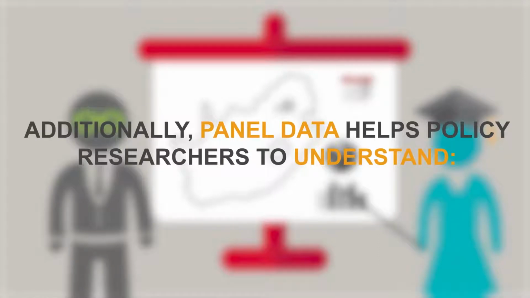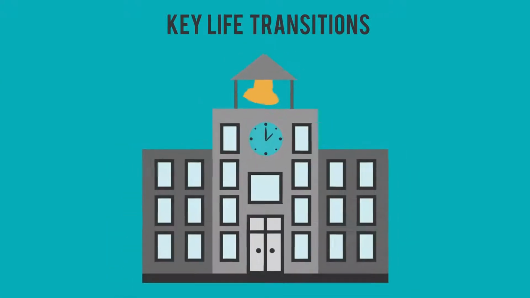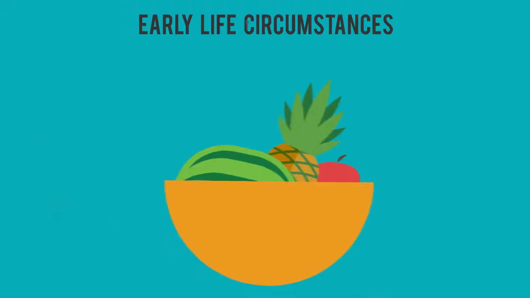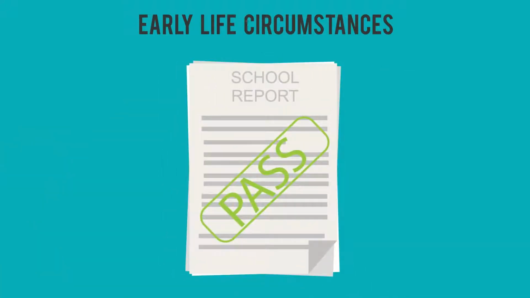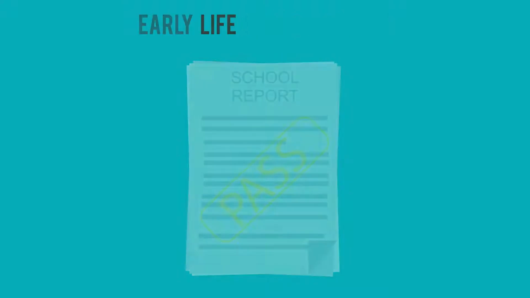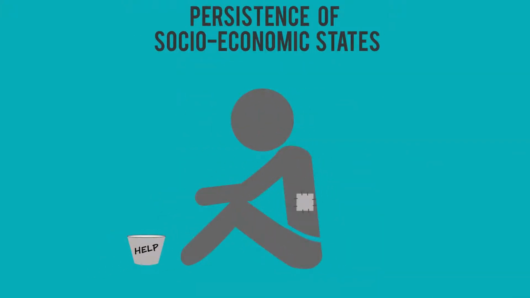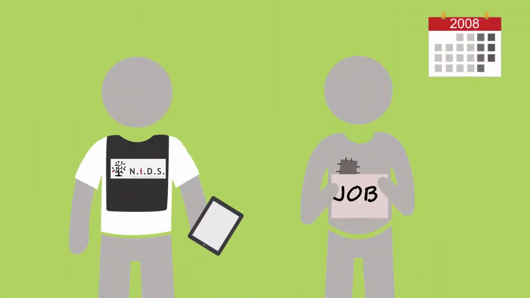Additionally, panel data helps policy researchers to understand key life transitions, such as transitions from schooling to work, the effects of earlier life circumstances on later life outcomes, such as early childhood nutrition on later educational performance, persistence of socioeconomic states, such as poverty or unemployment, the efficacy of policy interventions.